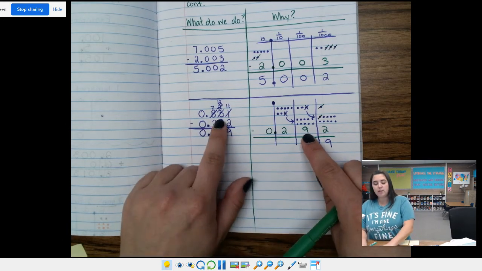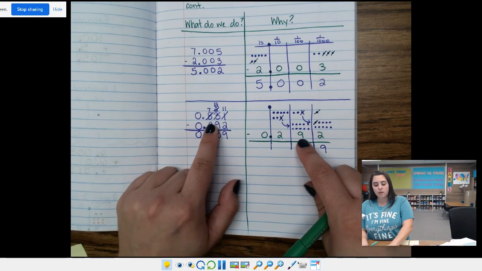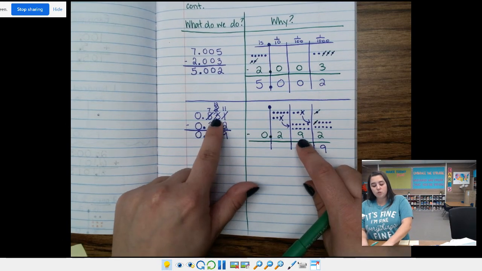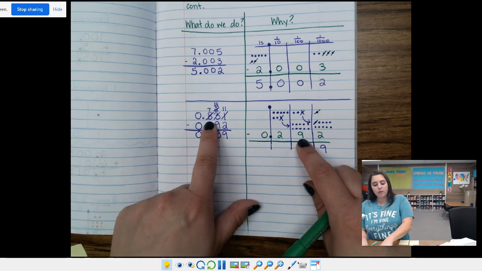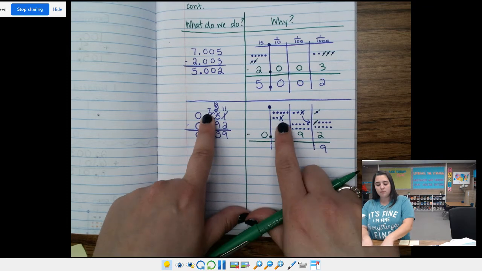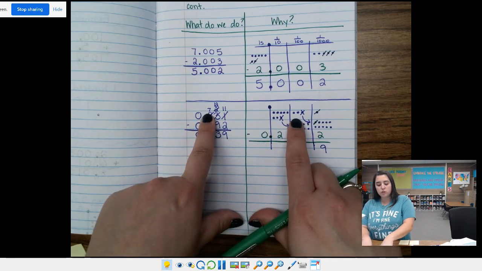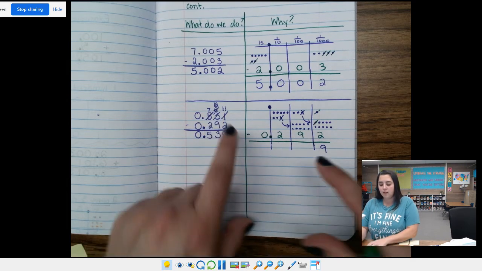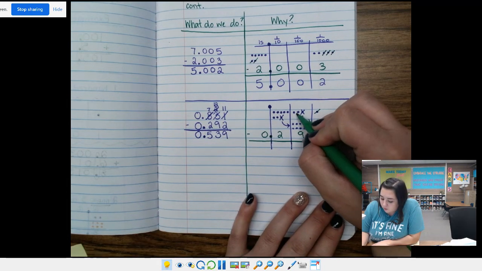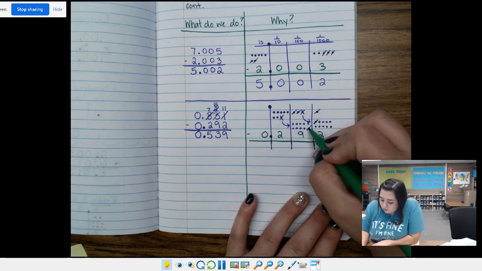So what I just did, looking over here, what did we do? I couldn't do 2 minus 9. I took 1 away from the 8, it became a 7. And that 2, I added 10 to it, it became a 12. Now I can subtract 9. 1, 2, 3, 4, 5, 6, 7, 8, 9.